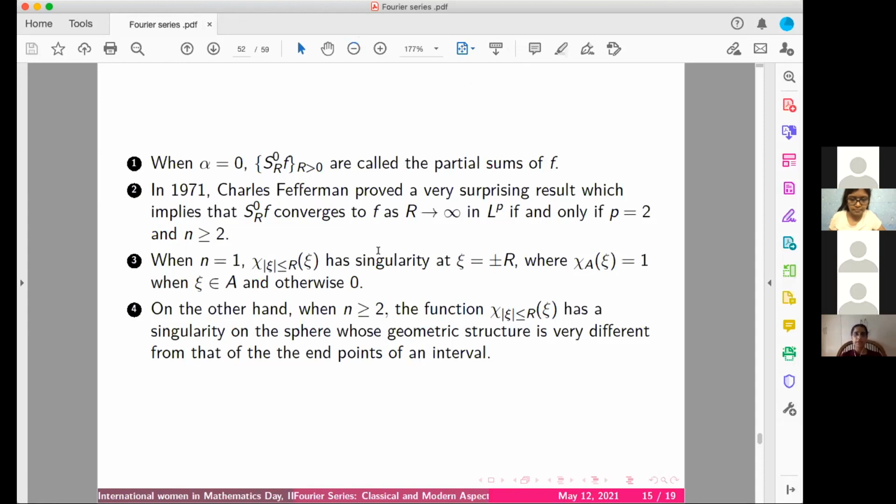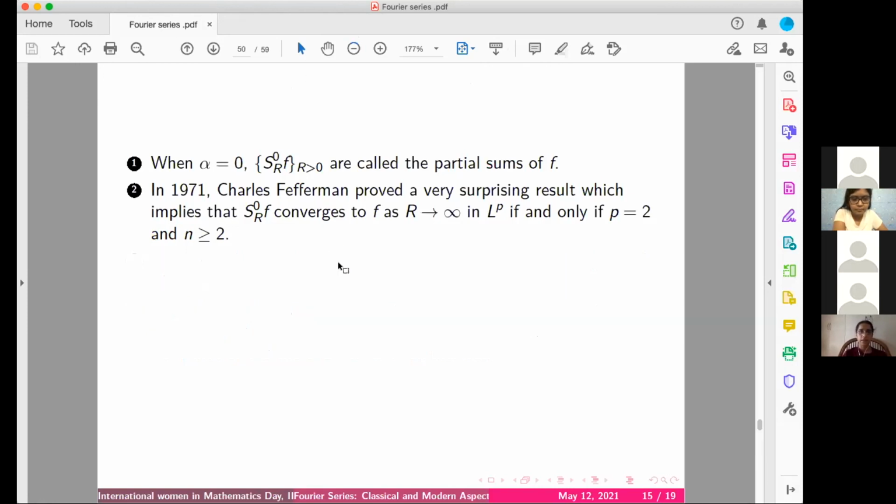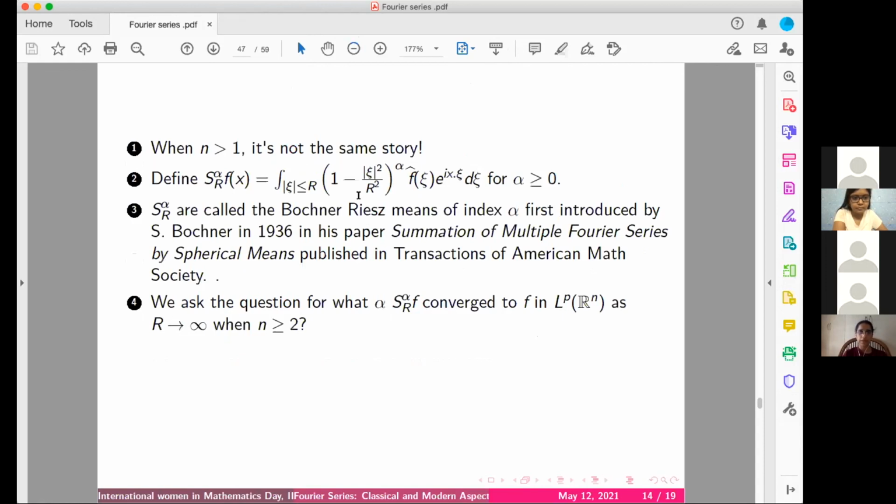So I already told that when alpha equal to 0, this function behaves that way. That's what I was saying: if you make this function better, you are basically taking the superposition of nicer functions. So when you integrate over these nicer functions, the resulting function behaves better than it did for alpha equal to 0.